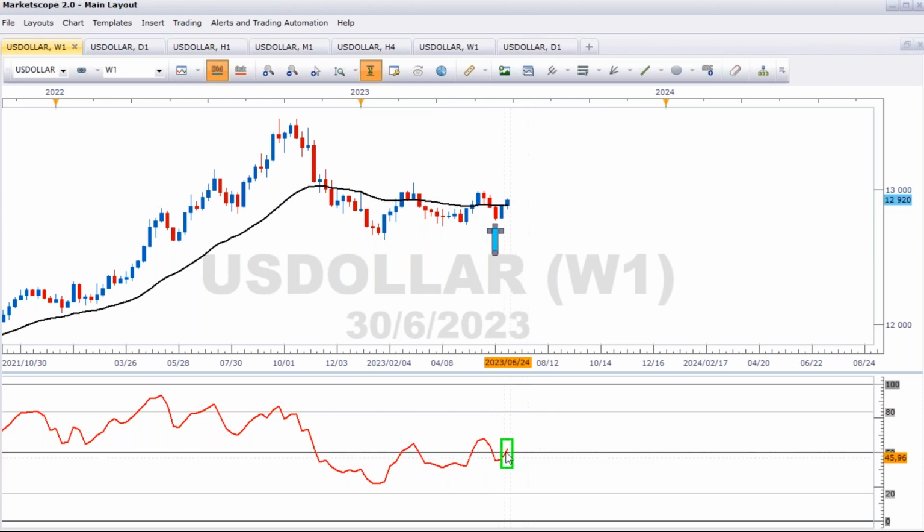Now, the RSI popping above 50, if we get it holding above 50, and we get the US dollar moving up, trailing the exponential moving average behind it, well, that would give me more confirmation that something is happening with the US dollar. And again, what's the fundamentals behind that?